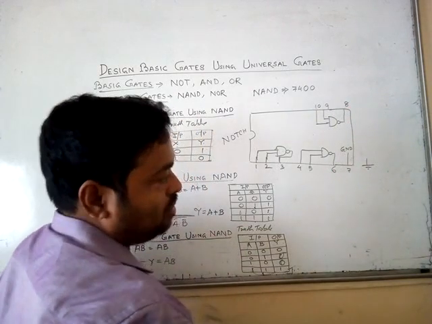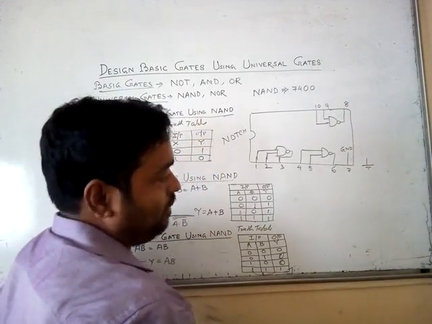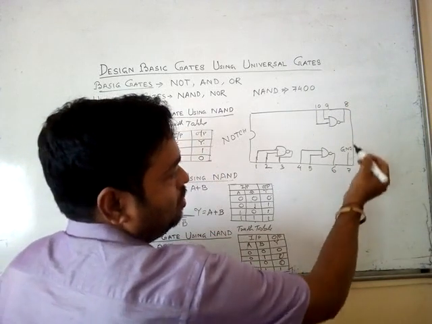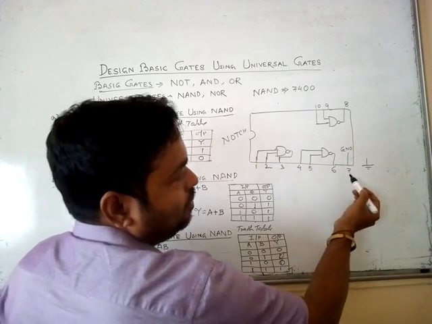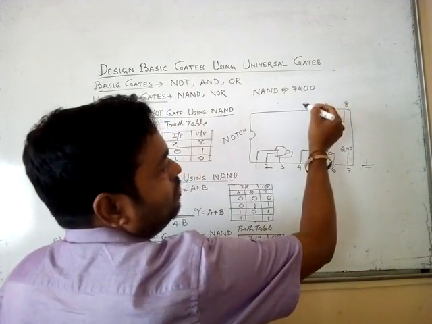I've already told that we have to count the pins anti-clockwise. You can see 1, 2, 3, 4, 5, 6, 7, then 8, 9, 10, 11, 12, 13, 14.